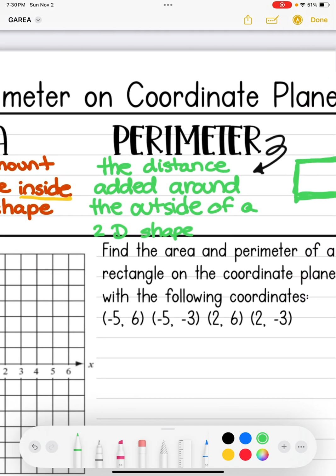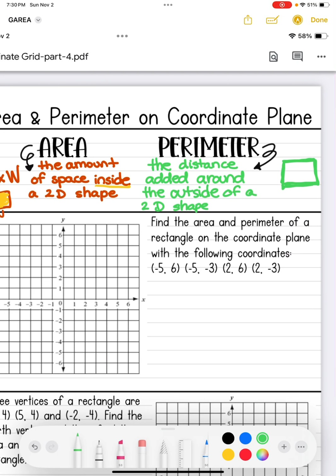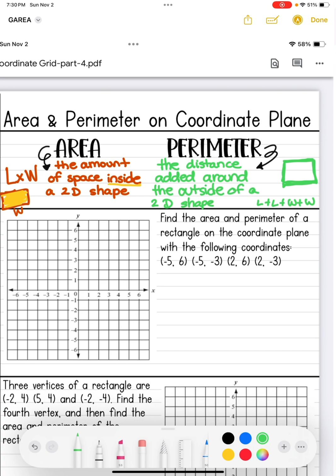Okay, so you're adding around, so that would be the length plus the length of the other side plus the width plus the width. So you're adding all those sides, like the fenced area.